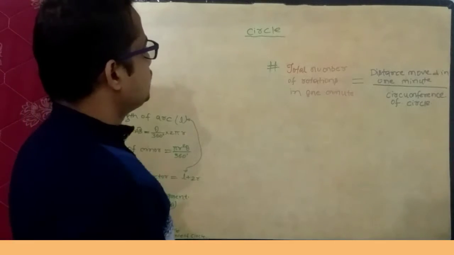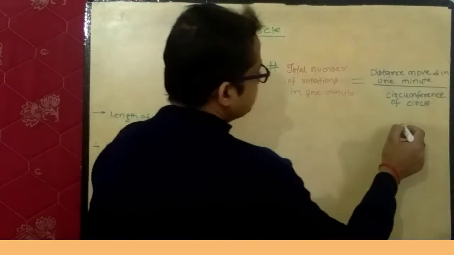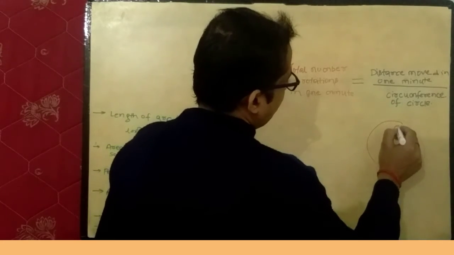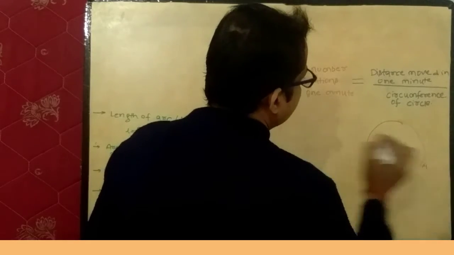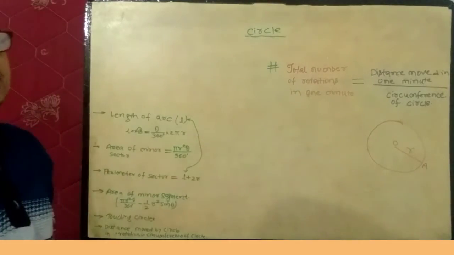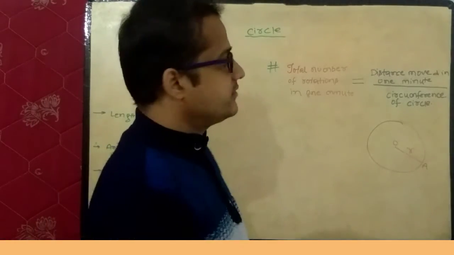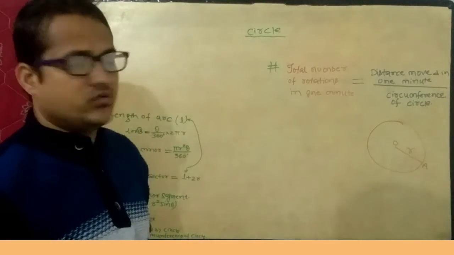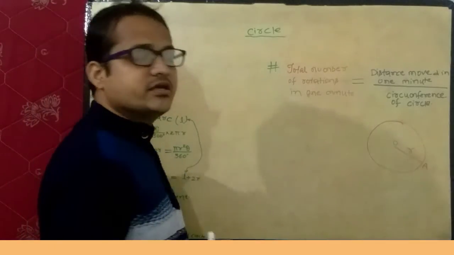Next topic is total number of rotations in 1 minute. It is given that this is a circle having center O and radius small r. This circle is covering some distance in 1 minute. It is given how long a distance this circle is covering in 1 minute, and you have to find the total number of rotations in 1 minute.